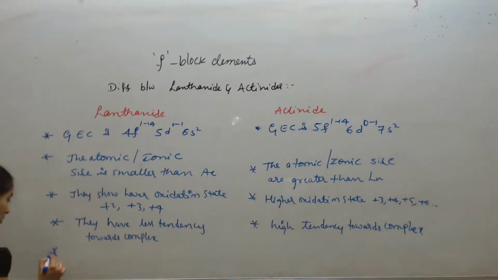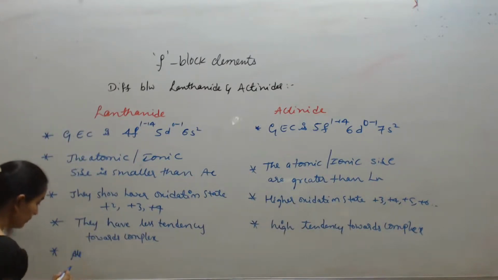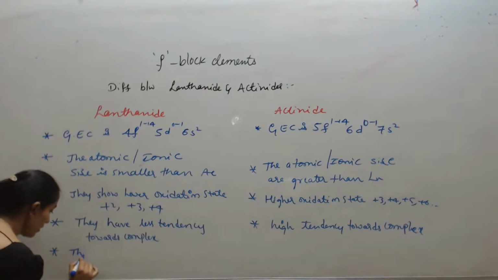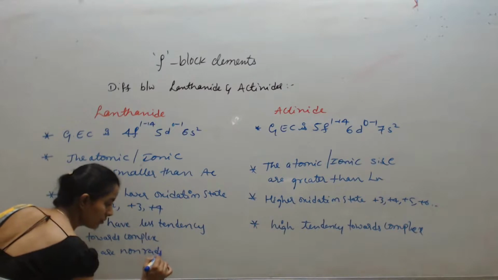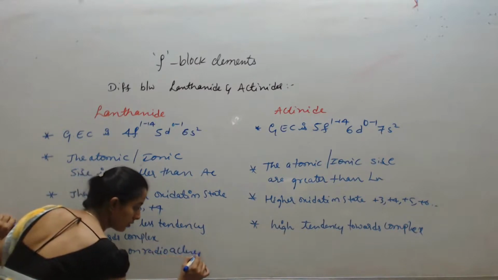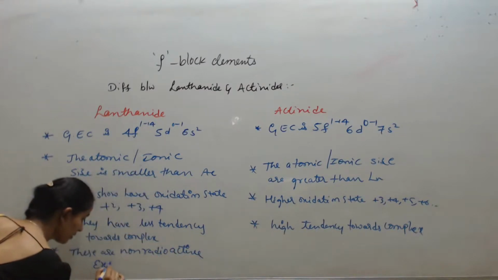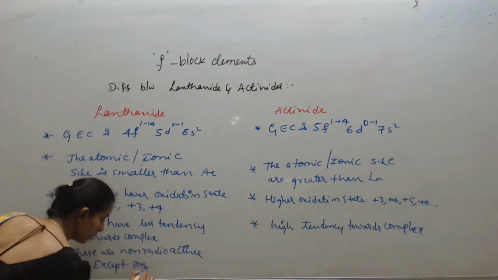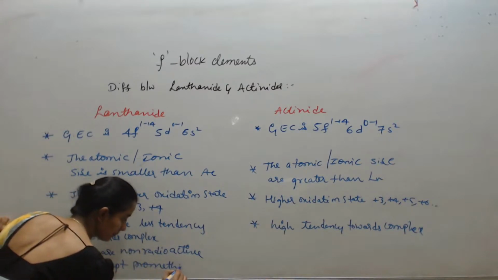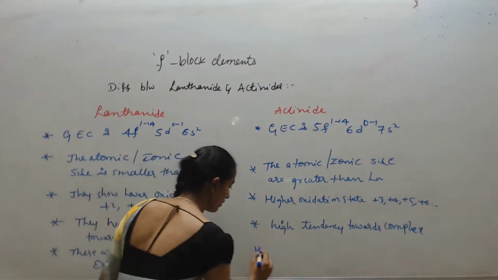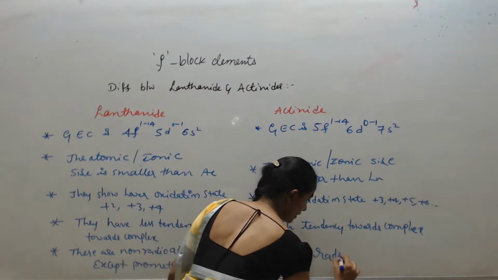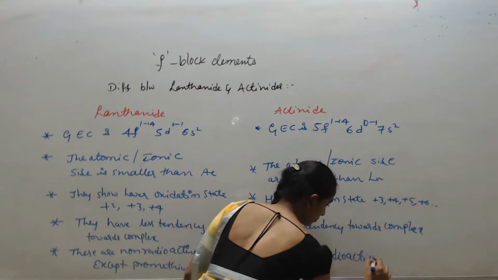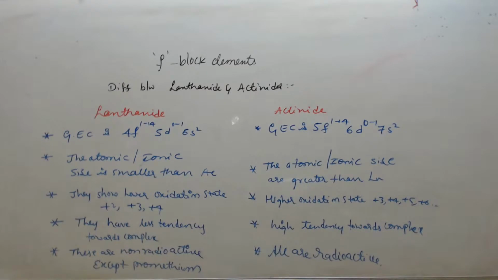And the last one is, lanthanides are non-radioactive except promethium. Here all actinides are radioactive. So this is the difference between lanthanides and actinides, students.